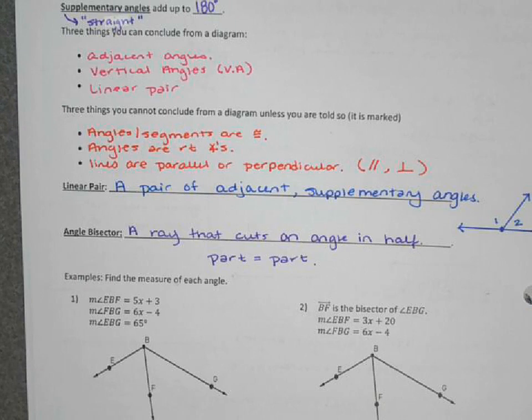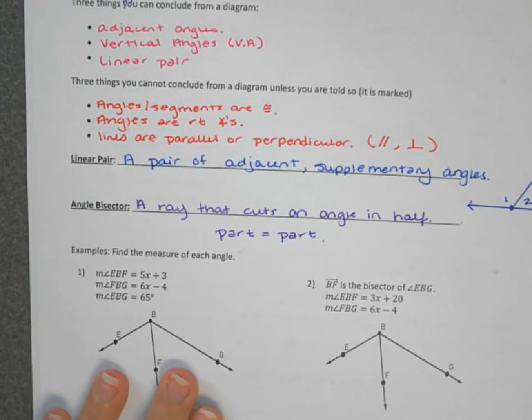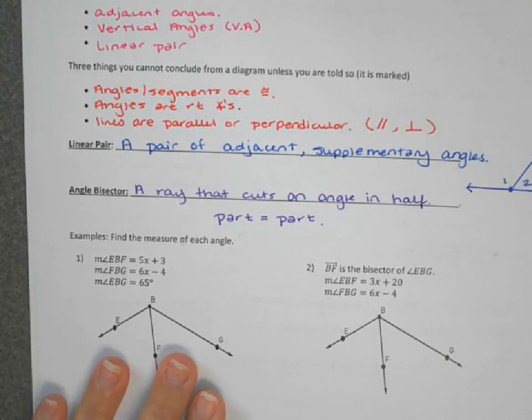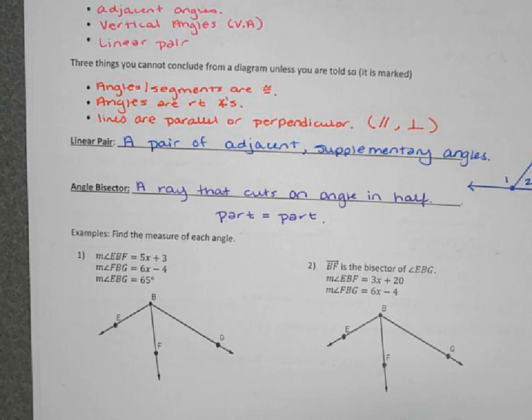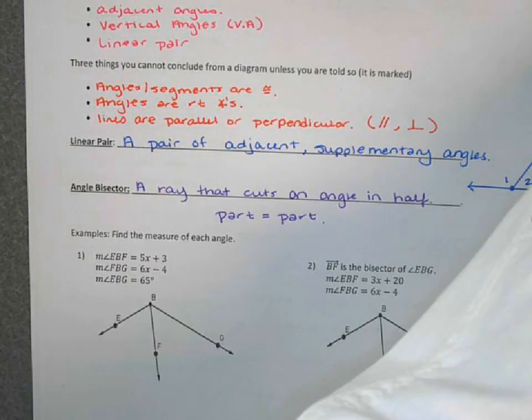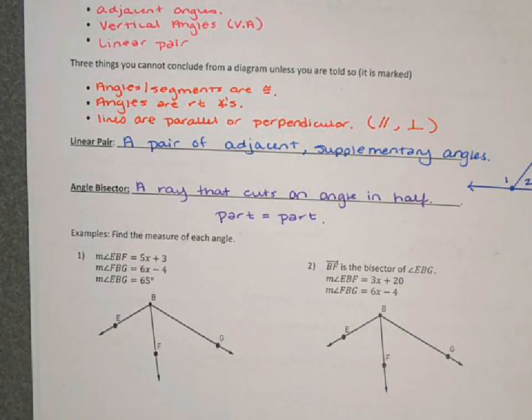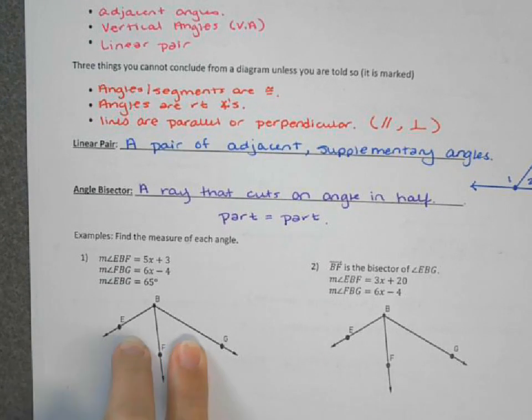Okay. Looking at this diagram, I'm going to say, I do not know if that's a 90 degree angle because I have no 90 degree angle marked. I don't know if anything's congruent. I don't know that anything is 90. I do know that these angles are right next to each other.